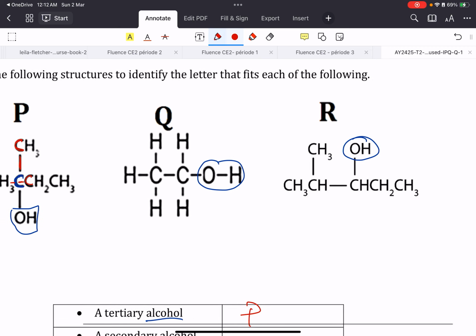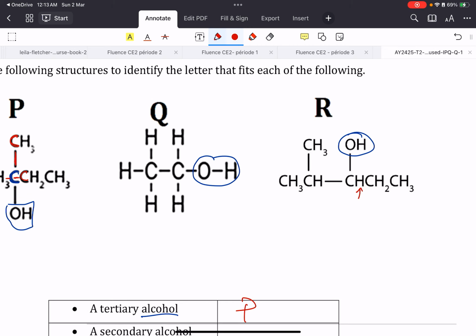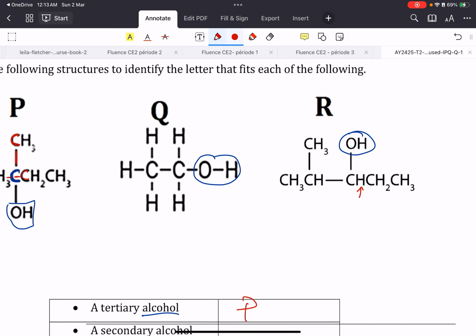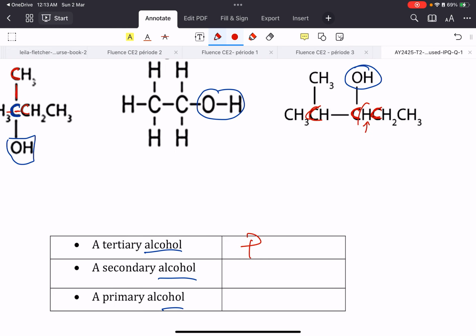If this carbon is connected to 2 other carbons, or it's holding 1 hydrogen, so this carbon holding the OH is connected to 2 carbons, that's a secondary. Or you simply count the hydrogen. You count 1 hydrogen, you say secondary.